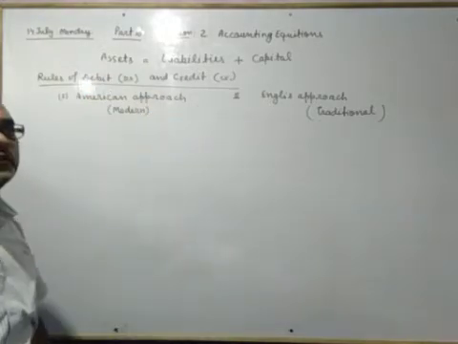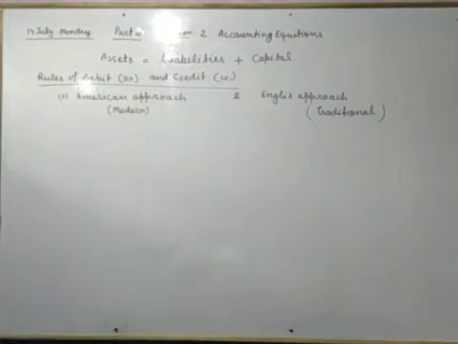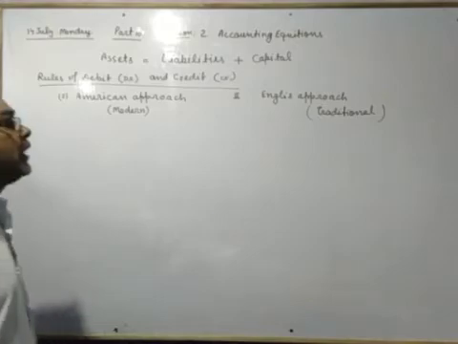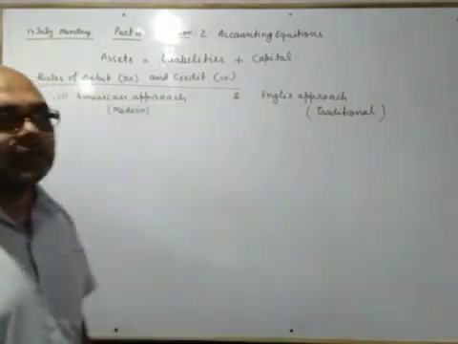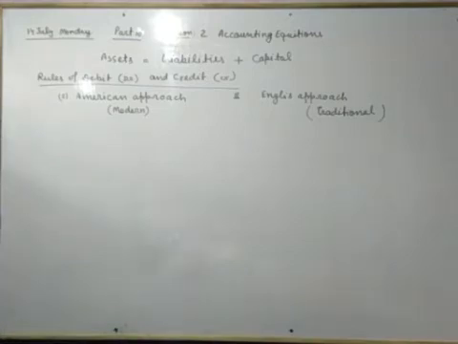Now liabilities means if you have taken a loan from another person and invested this money in your business, that is called liabilities that you have to pay to those persons. Capital means that money which the owner has invested from his own pocket into the business.